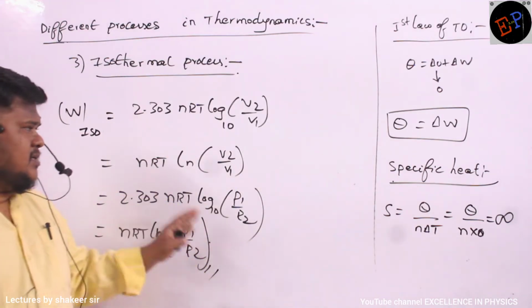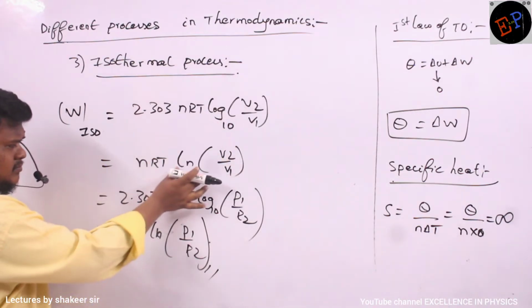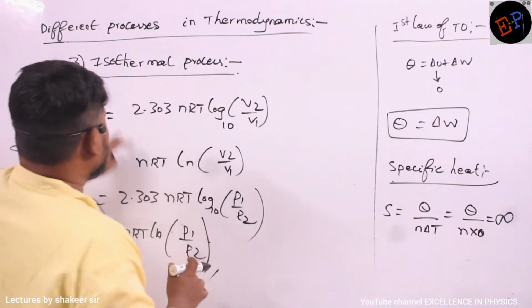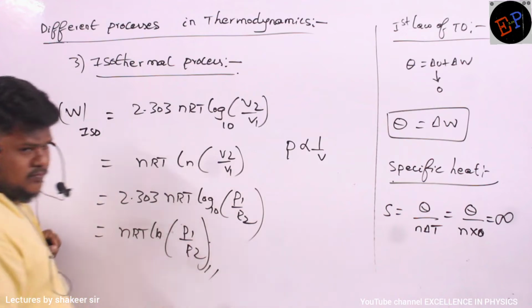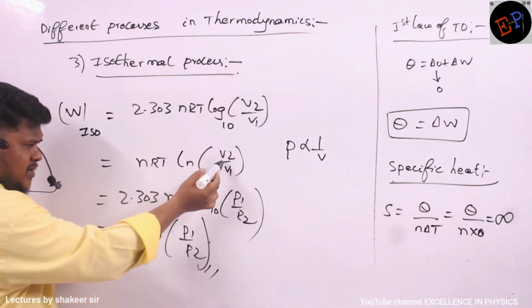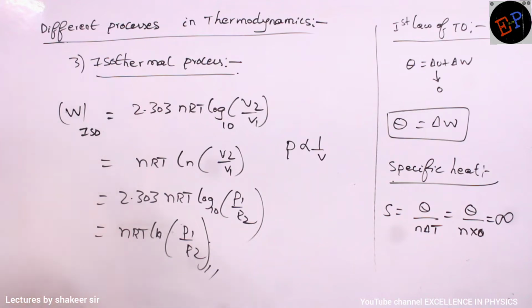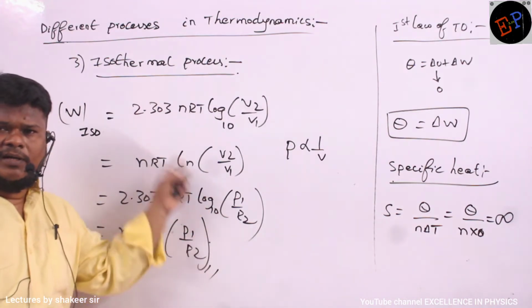Clear? Same formula. So see, ma, if you are writing natural logarithm, then you just write nRT log V2 by V1. Okay? See, here this is an isothermal process where pressure is inversely proportional to volume, no? So if you write V2 by V1, the same V2 by V1 can be written as P1 by P2 also. If you want to represent in terms of pressure, you have to write P1 by P2. Derivation is there, ma.